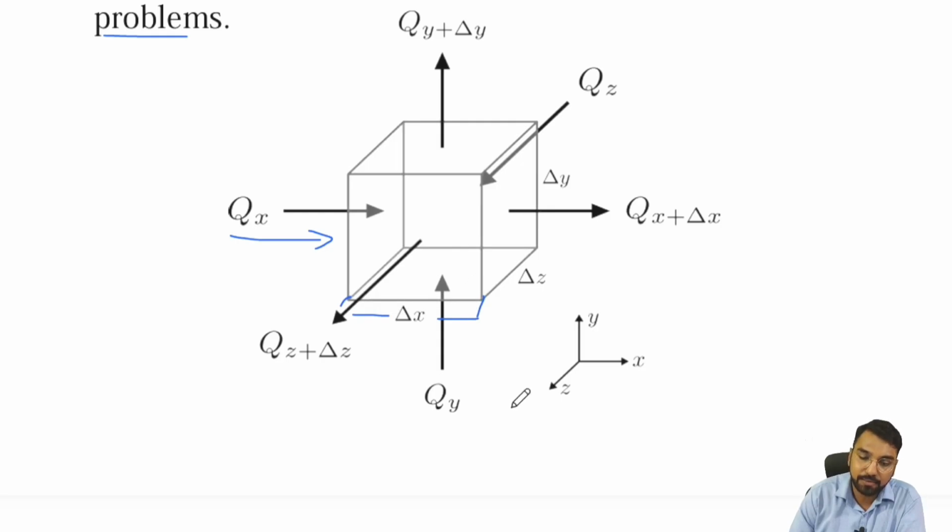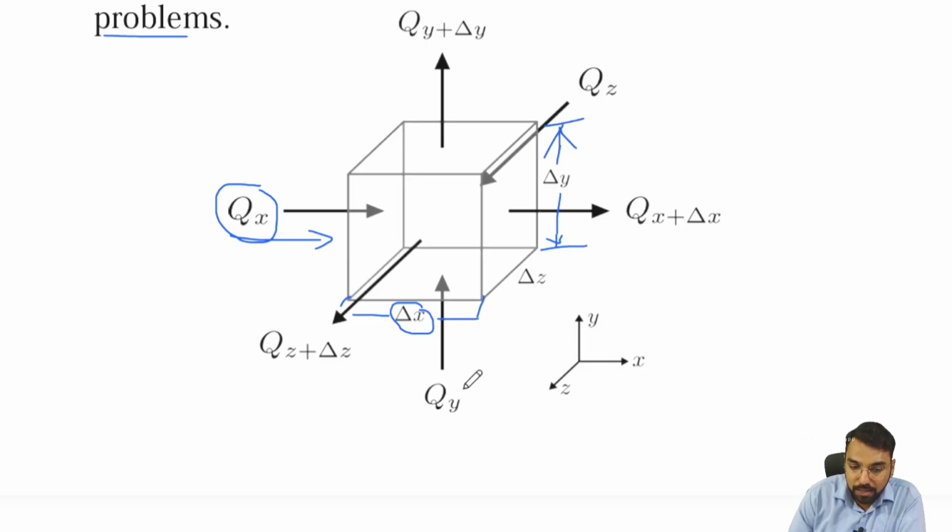The heat that enters this block is qx, but after this delta x thickness, the heat conducted out from this block is qx plus dx. Similarly in the y direction, delta y is the thickness in the y direction.